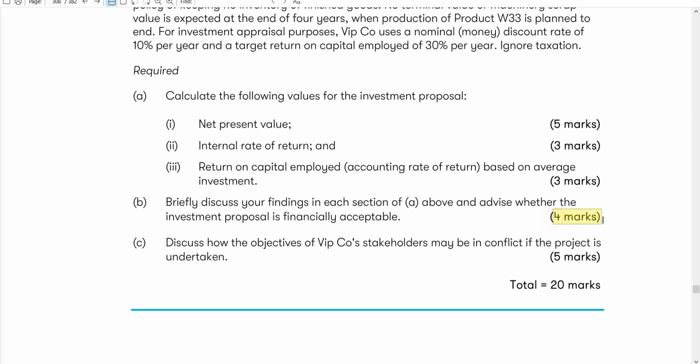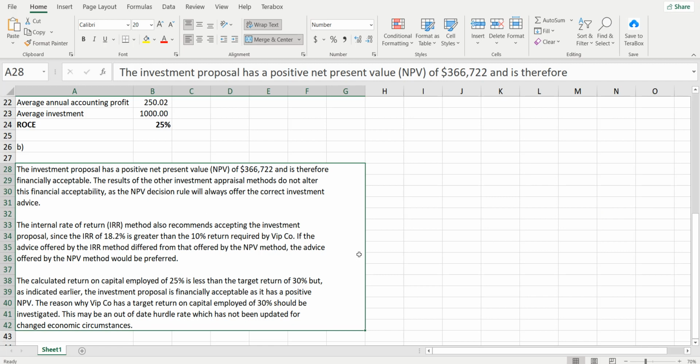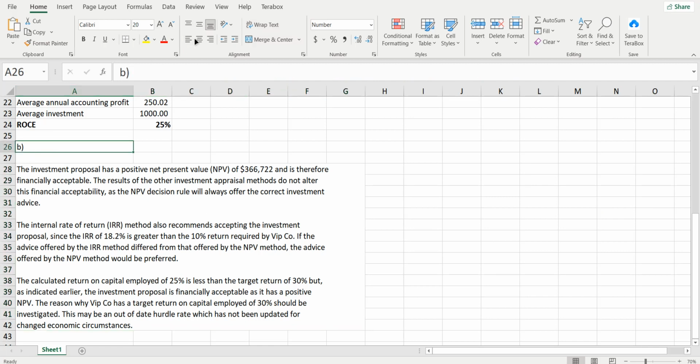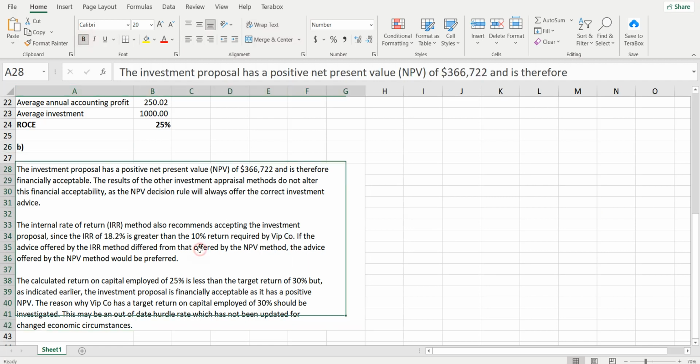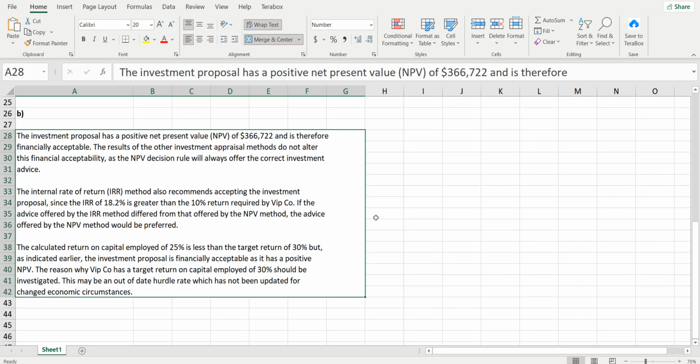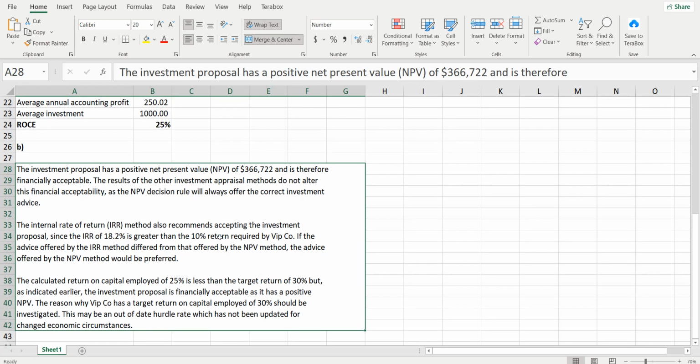This is for 4 marks, so you have to do your work here to earn the 4 marks. So this is the answer given in the solution, so just read it. You have to give a very precise answer here.